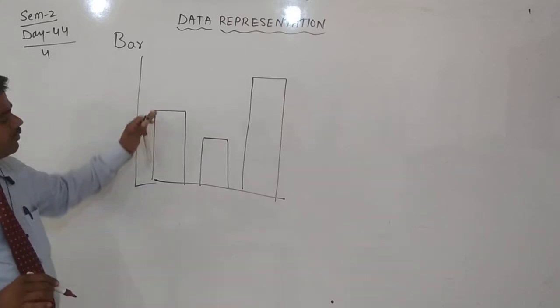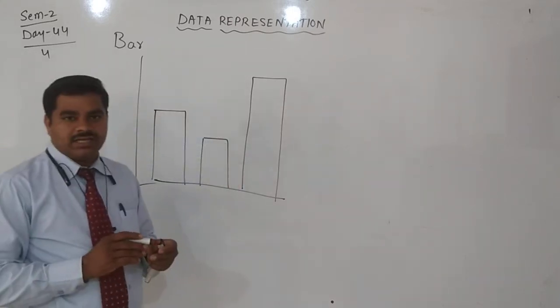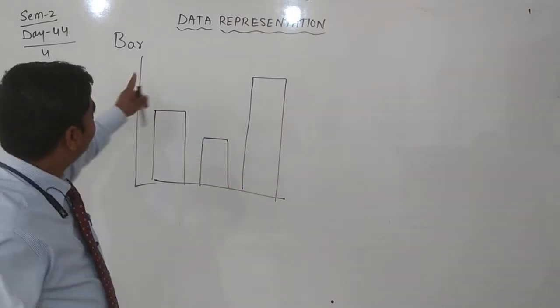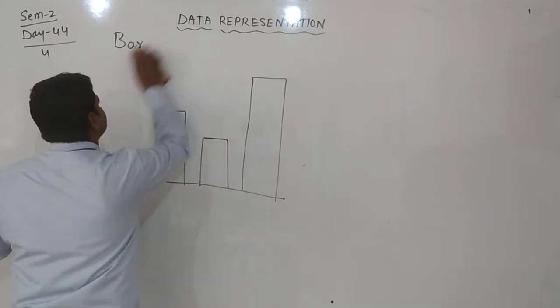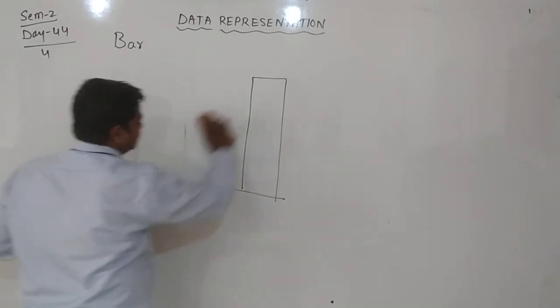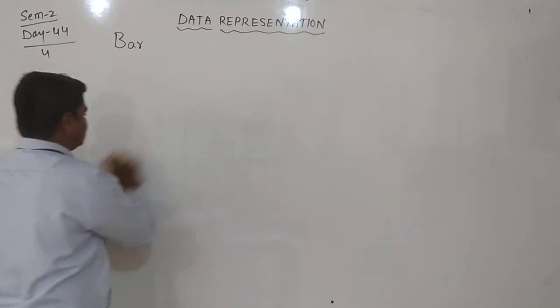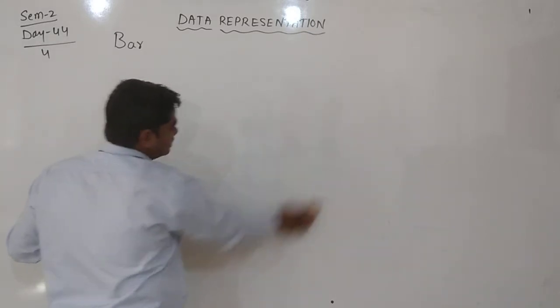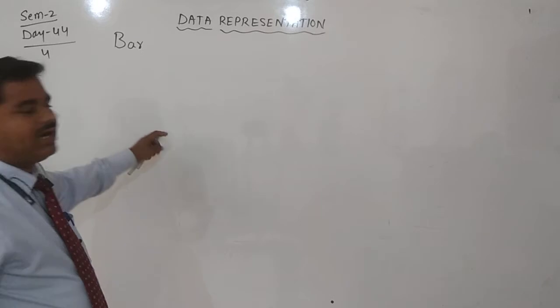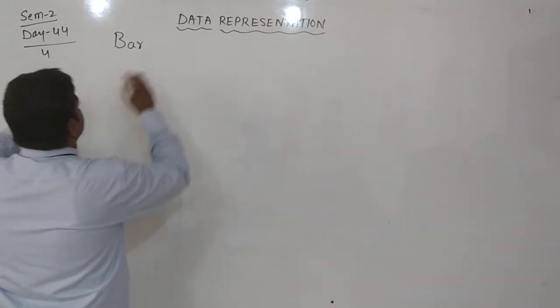Here we use horizontal bars and some vertical bars also. Here also there is a title, a scale, and the bars showing how to represent the given data.